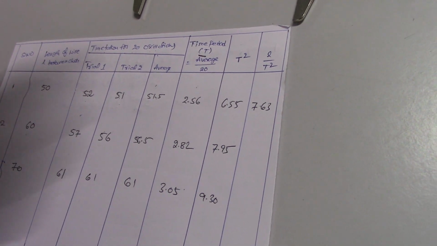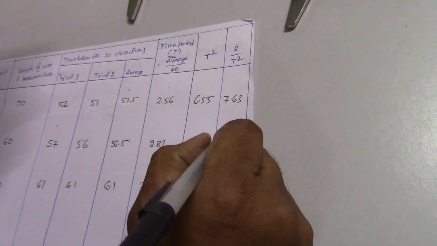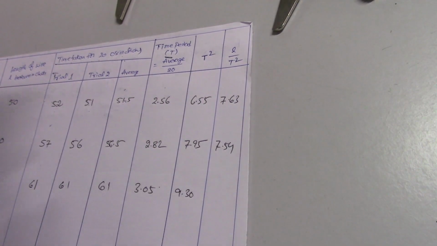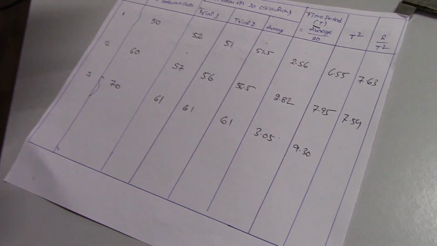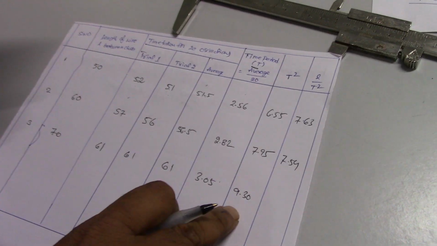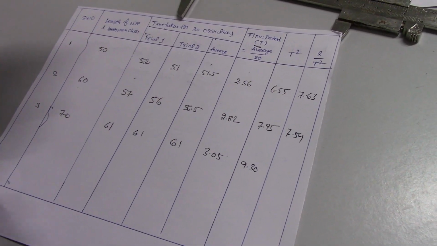L value is 60 divided by t square value 7.95, which will give us 7.54. And finally, L by t square for 70 centimeters is 70 divided by t square value 9.30, which will give us the value of 7.52.